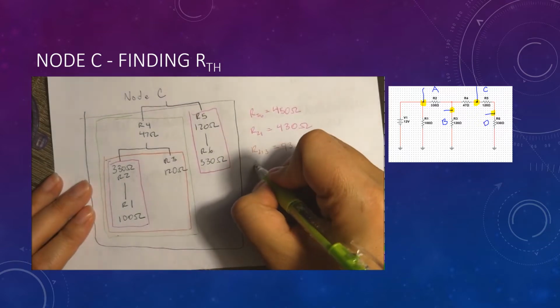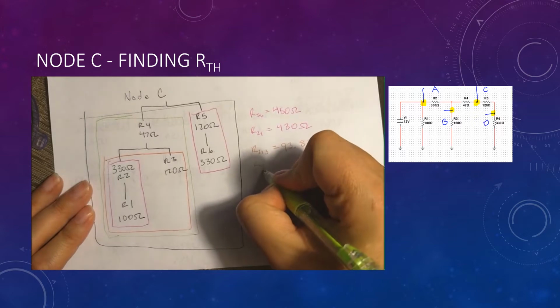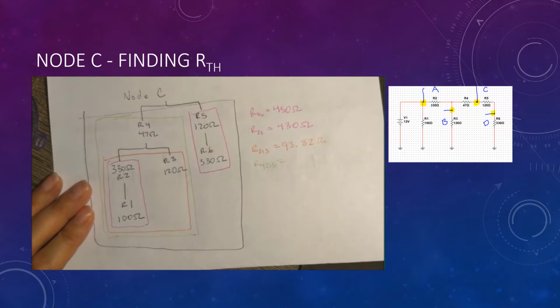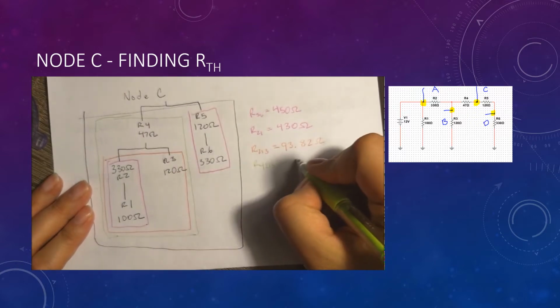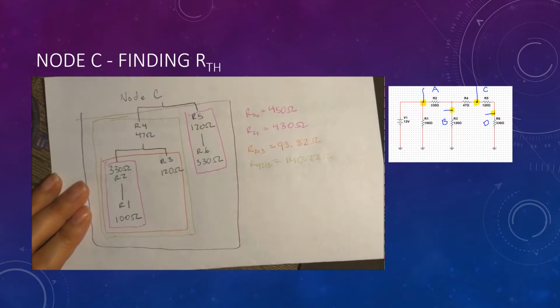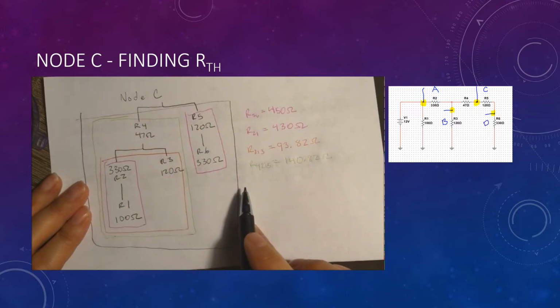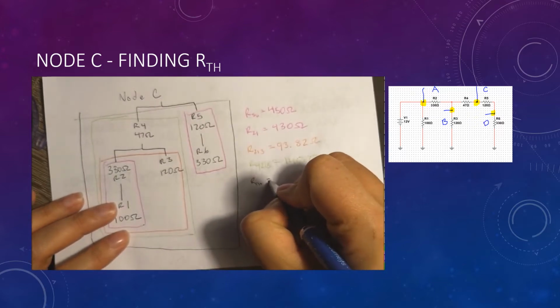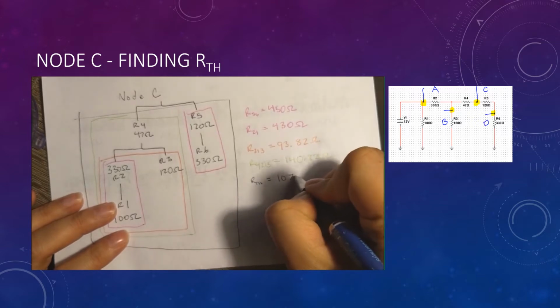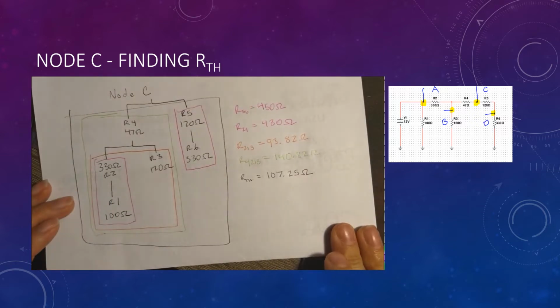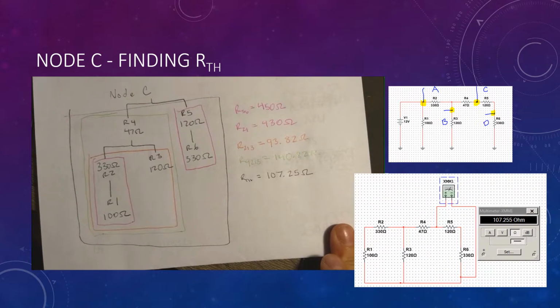Using that answer with R4 in series gives us the result of 140.82 ohms. We can now solve the Thevenin resistance by using the previous answer and R5 and R6 in parallel, giving us 107.25 ohms. Verifying this circuit in Multisim, we can see that that was our result.